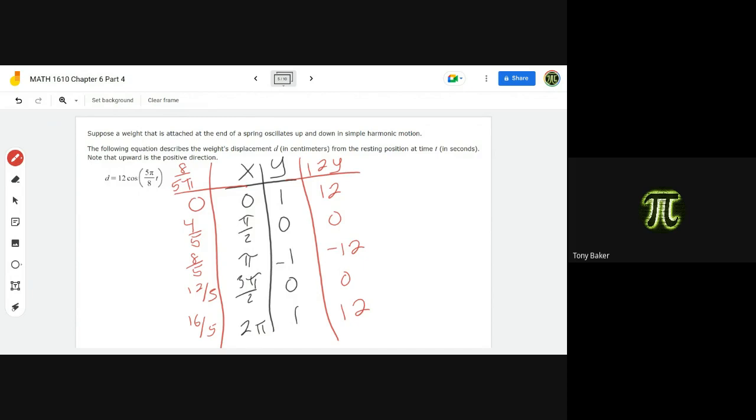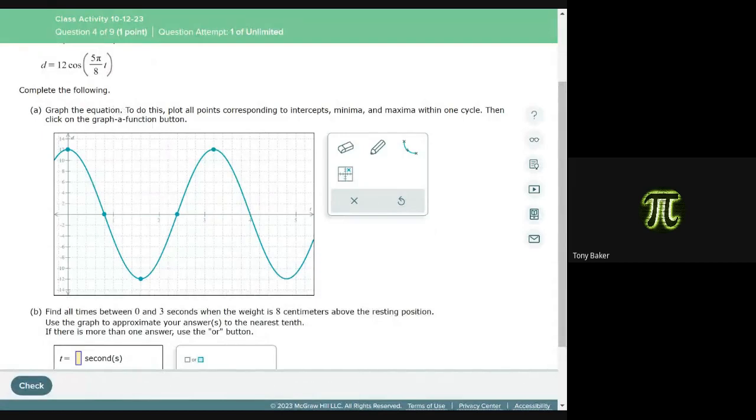That's -12. So you graph those points, and you hit the graph curve.